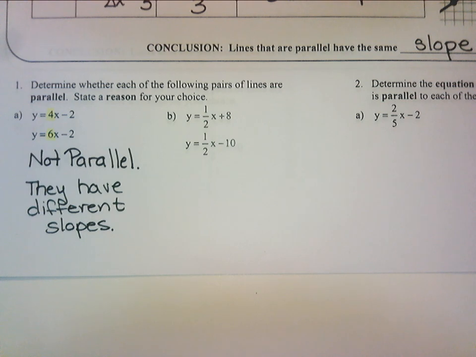Okay, I would like you to try the second one. You should pause your video and see whether you think those are parallel or not parallel, and then state a reason.